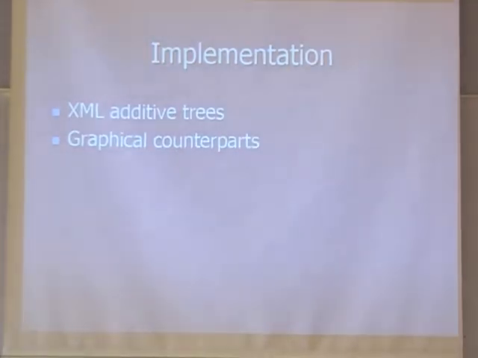Okay, as I said, from the implementational point of view, we have XML additive trees. It is not standalone annotation. We try to put everything in one and the same file, all the information. And we have graphical counterparts.